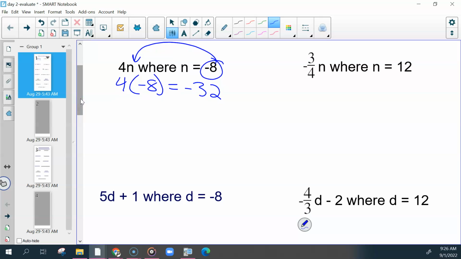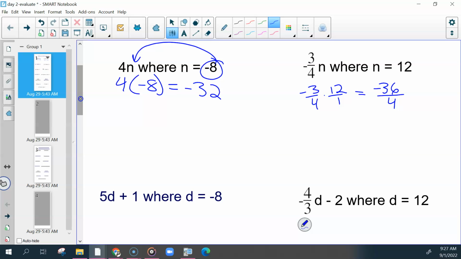If you are evaluating with your fractions, make sure you are just multiplying to the numerator. If you need to make this into a fraction, make sure you're not multiplying to the denominator. And then always make sure you simplify.